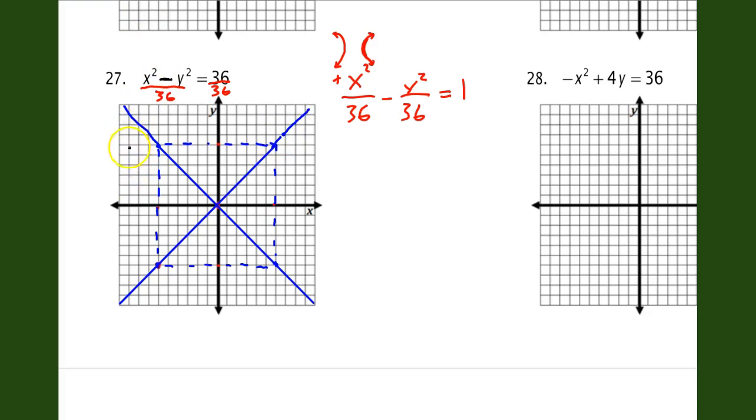So with this being drawn, I know here are going to be the focal points, but I use these other diagonals I just drew to help me guide where the graph should go. It gets close to, but never actually touches these diagonal lines. And we do the same thing on both sides.